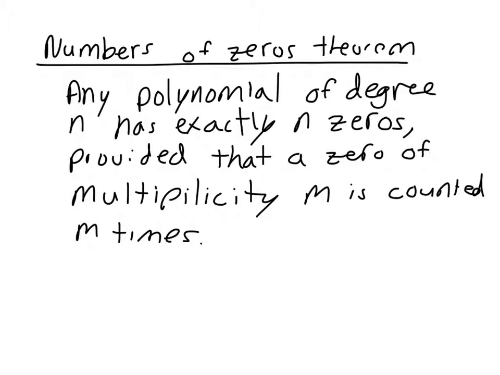So, for example, if you had a polynomial that factored out like this, (x - 2) squared, so x equals 2 is a zero, but you'd have to count it twice because it has multiplicity 2, because it's squared. So this would be a polynomial of degree 2 having exactly 2 zeros. Multiplicity, this one's being counted twice. So we're going to use this theorem a lot. All right, let's do one more theorem.